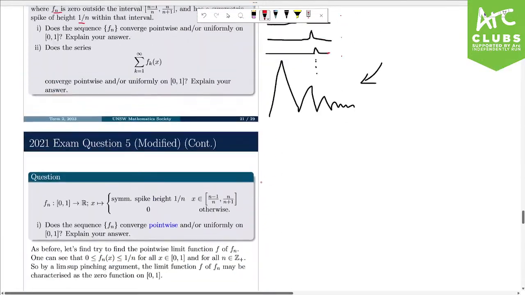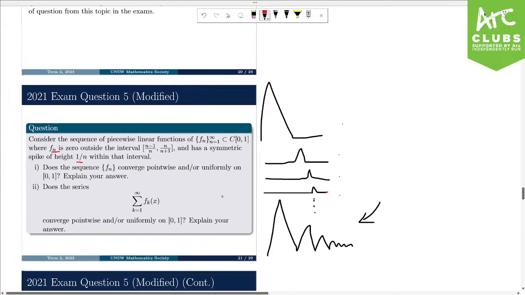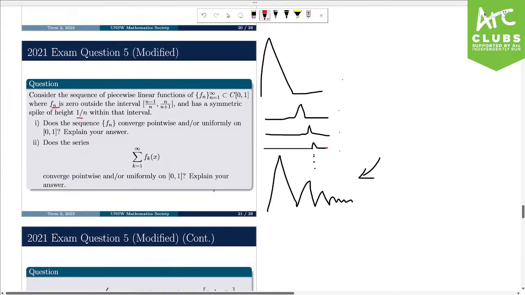So pointwise, if we want to match a certain point, we can just take n large enough so that the spike including that point is included, and then that would satisfy pointwise.